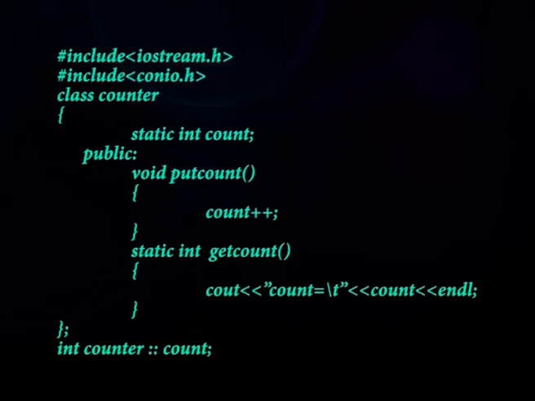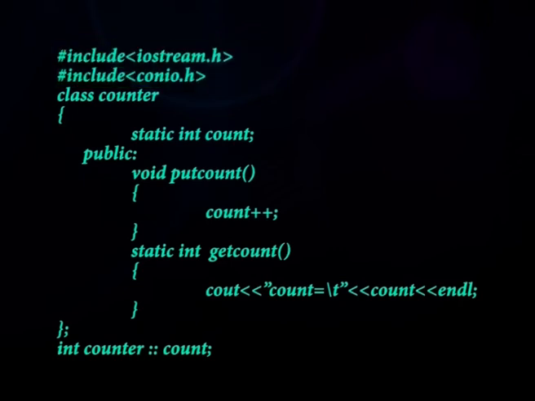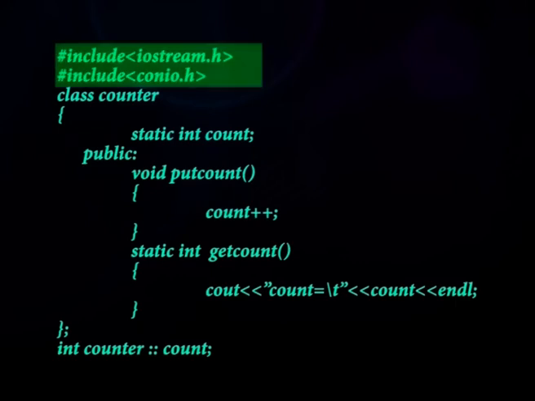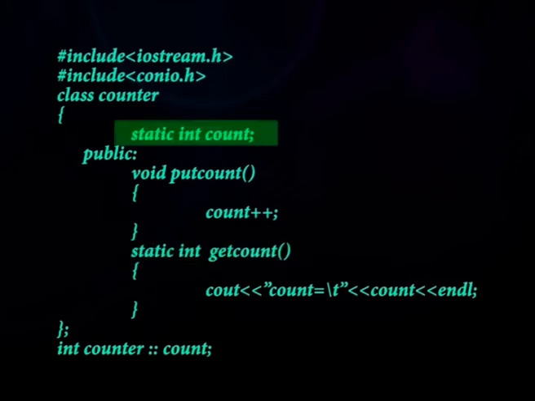For example, this program counts the number of objects created for a class. After including the required header files, this is the static data member declaration which maintains the number of objects created. This is the static member function which displays the number of objects created till that moment. This is the definition of the static data member.